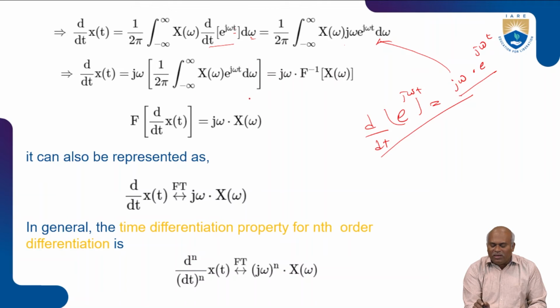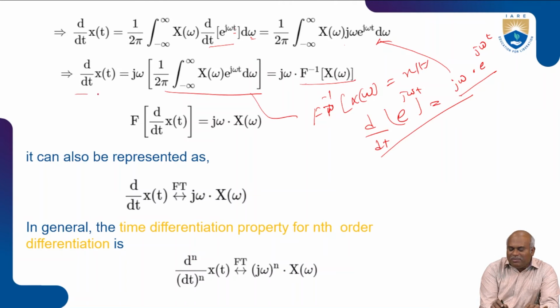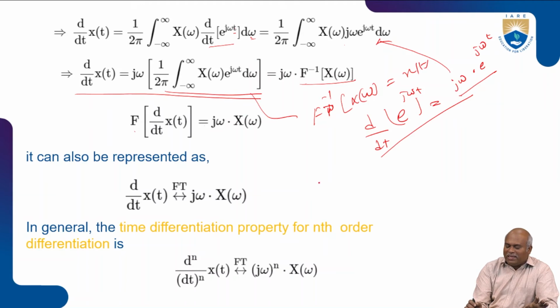So this whole term is represented as the inverse Fourier transform of X(ω), which equals x(t). So I write jω times the inverse Fourier transform of X(ω). Now I take this entire term as a Fourier transform. That is, the Fourier transform of d/dt x(t) equals, since the inverse Fourier transform and Fourier transform cancel, X(ω) multiplied by jω.